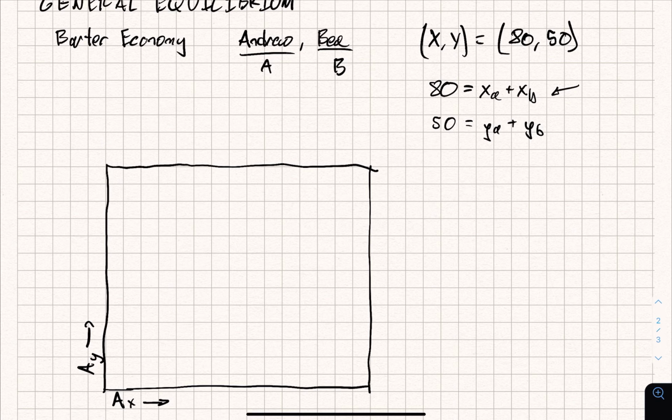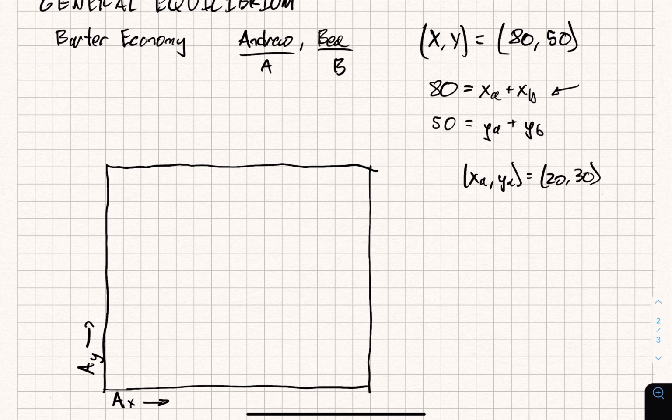Now the tricky part here is setting up the endowment across these two individuals. So let's say, just as a baseline here, let's say XA, YA is equal to 20, 30.